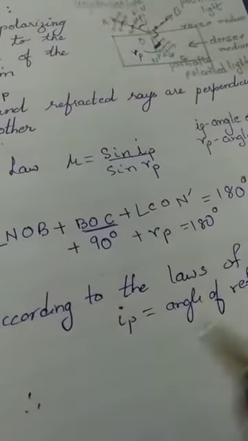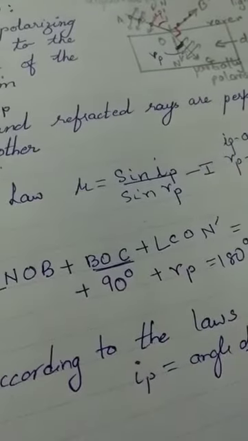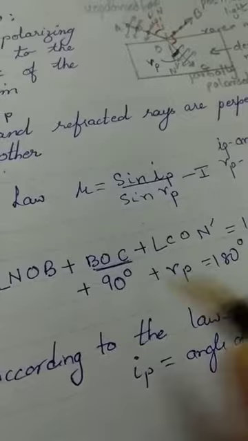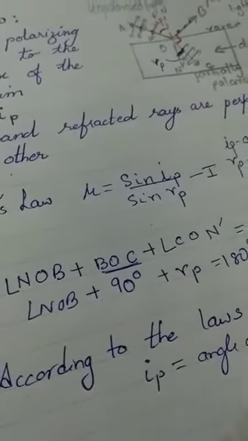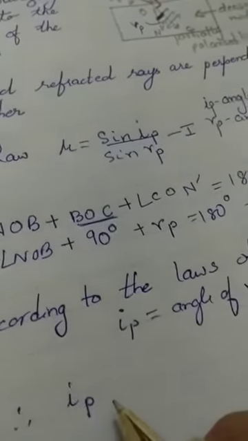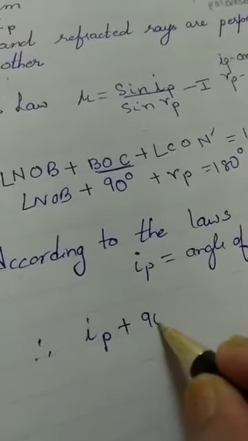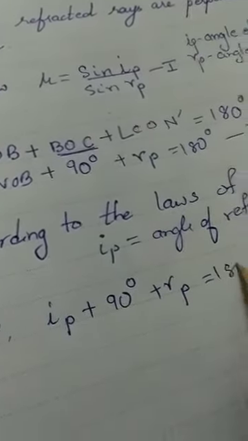Therefore, if this one is equation 1, this is equation 2, then IP plus 90 degrees plus RP is equal to 180 degrees.